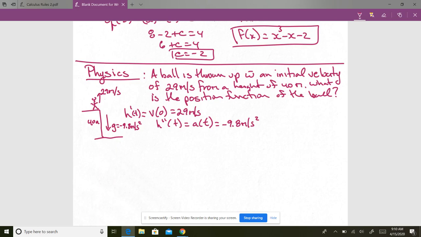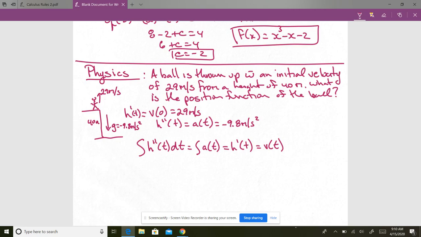Okay, so starting with the acceleration. If I integrate the second derivative, i.e. I'm integrating a of t, I should get h prime of t, which is equal to the velocity function.